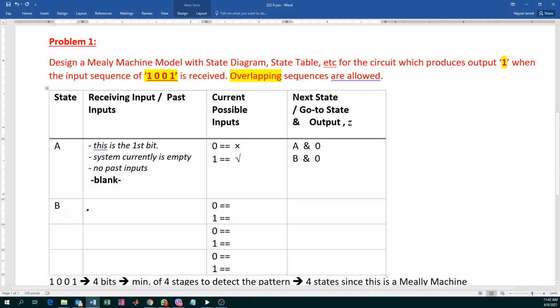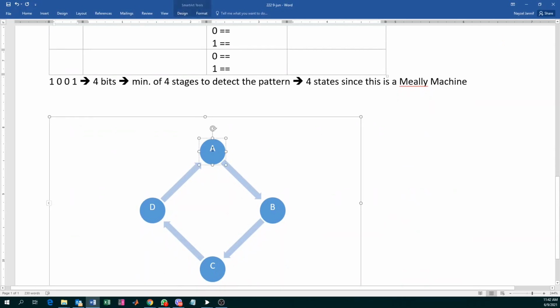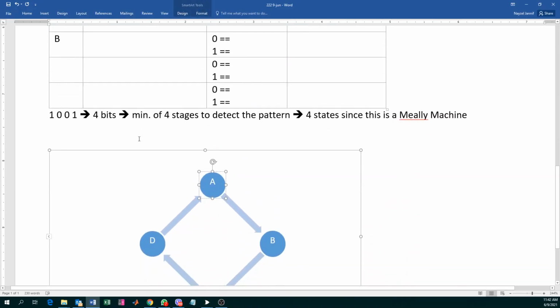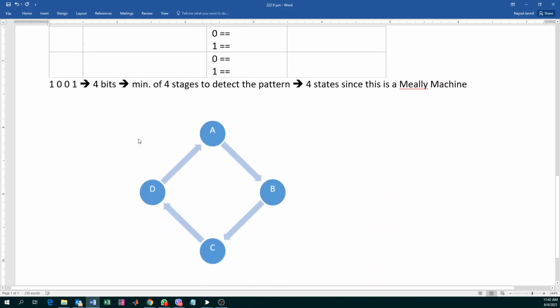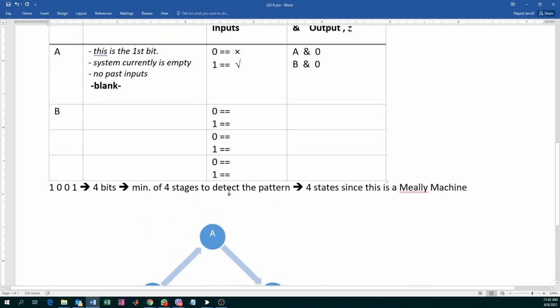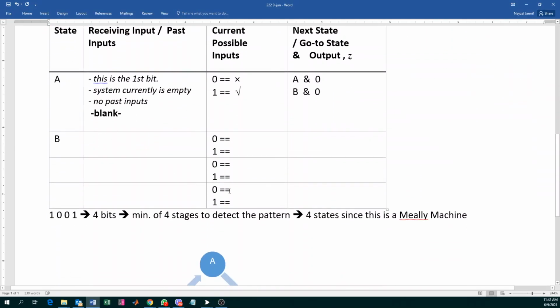State B, okay? So now this first line, I want to reflect it over here. Let's do that straight away. I want to reflect that particular scenario over here. Okay.